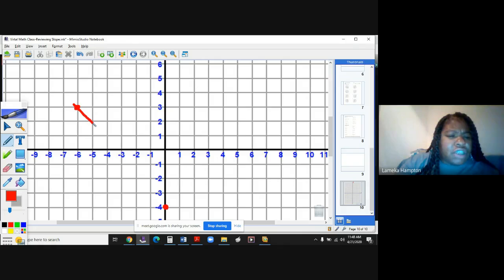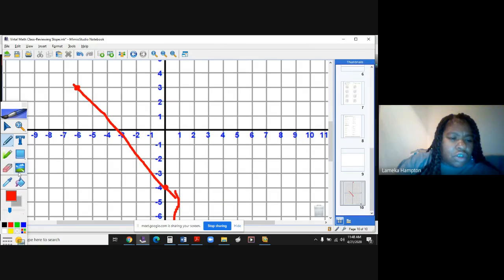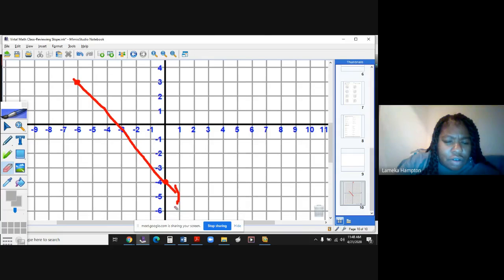I'm trying to connect the dots here. And I probably won't. But you get the point. So much for that, right? So yeah, we're just going to keep it moving. That's what we do.